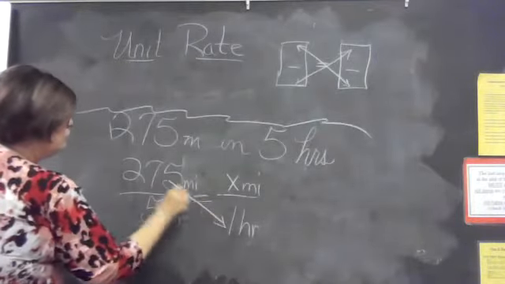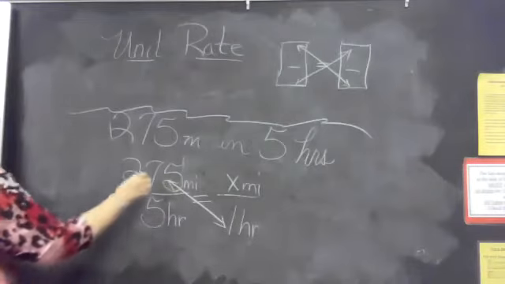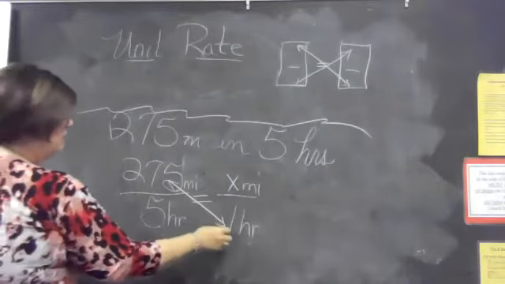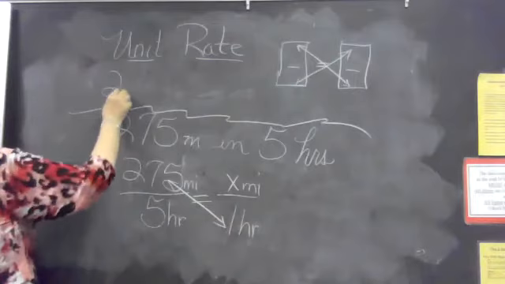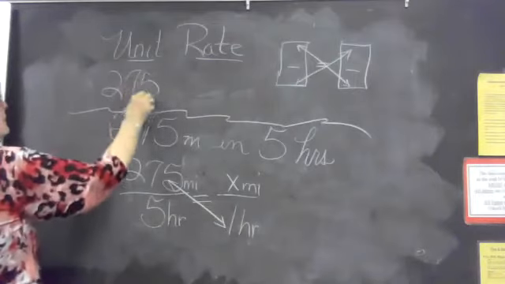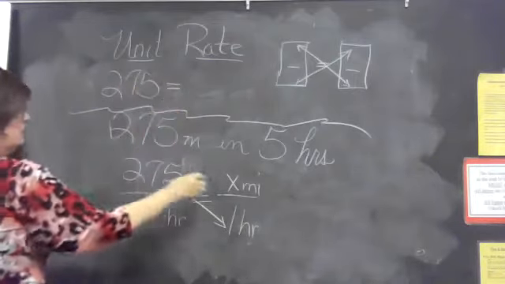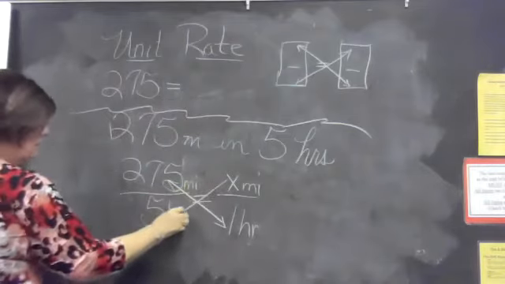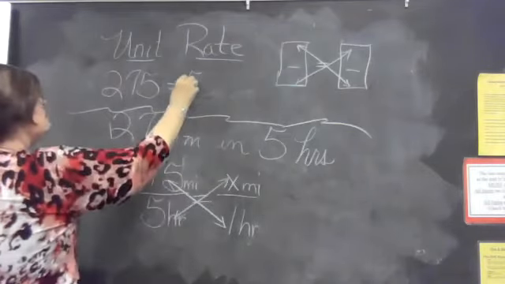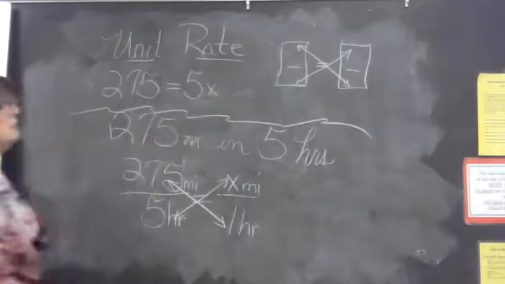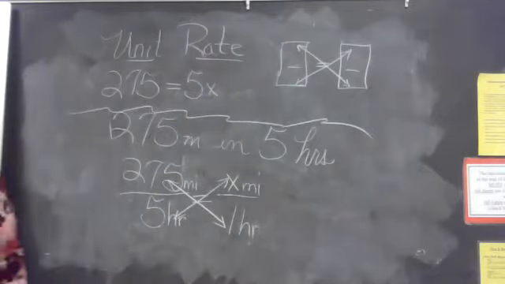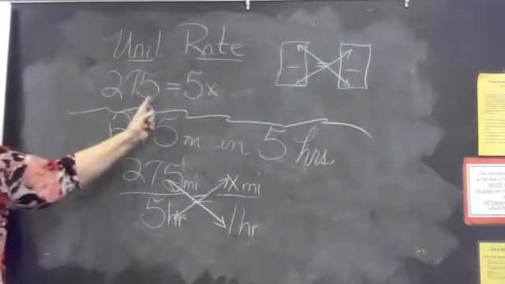It doesn't matter which one you multiply first. So 275 times 1 has to equal this, 5x. Y'all see? And you all know how to solve this, right?